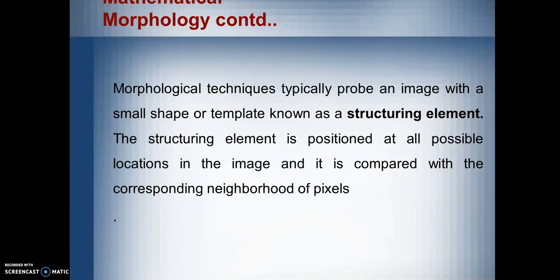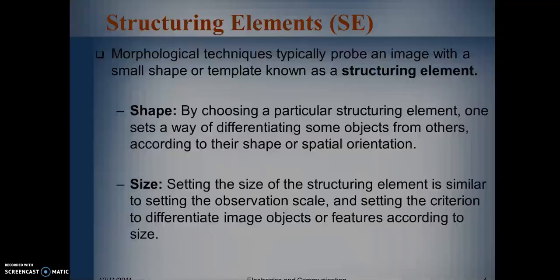According to the structuring element property, it will extract the original image features or it will just change the original image. So we will position the structuring element in the original image. The structuring element and the original image pixels behind the structuring element will be compared. So the neighborhoods and the structuring elements are matched. Based on this, we are defining the morphological operators.